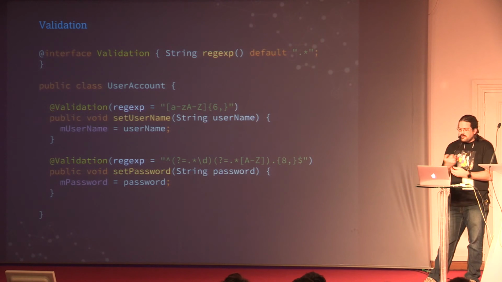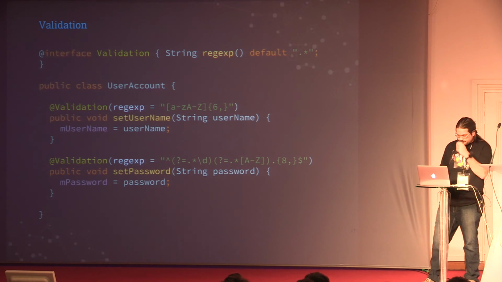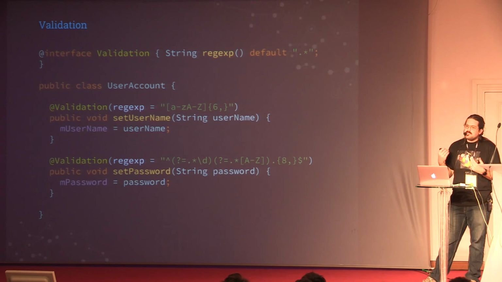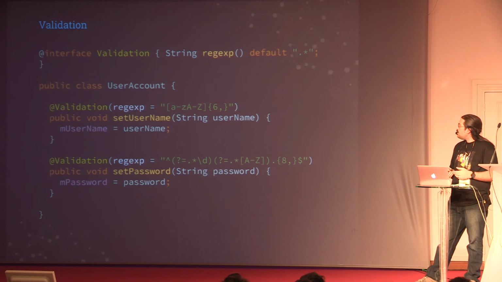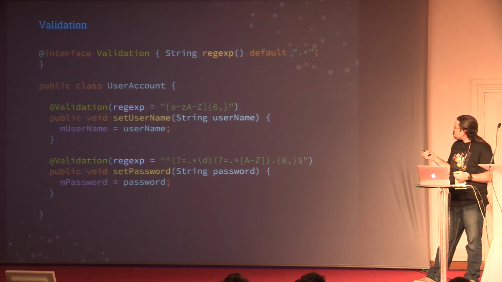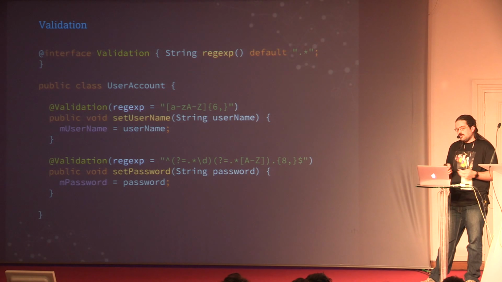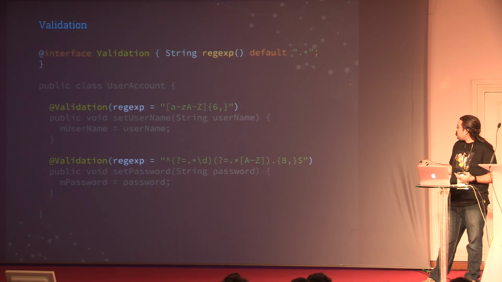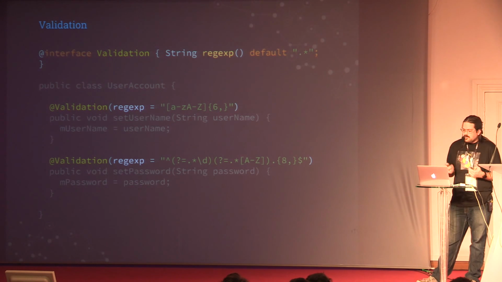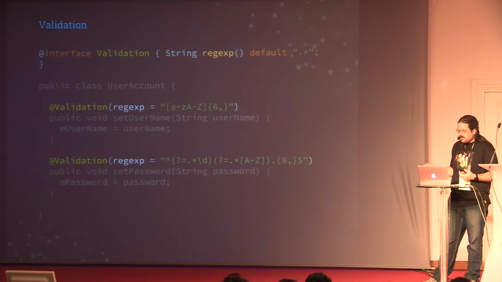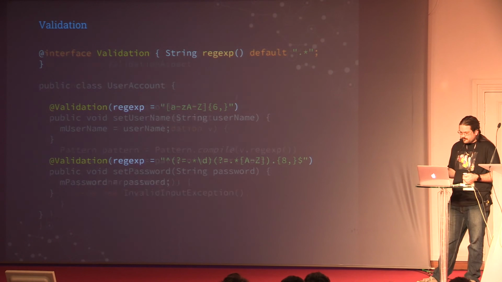And you can also use that for validation. So for example, there is a validation annotation that uses a regex to validate user input to make sure it's correct based on some rules. For example, here when we want to set the username, we want it to be at least 6 characters long. And for the password, we have maybe a more complicated regex.